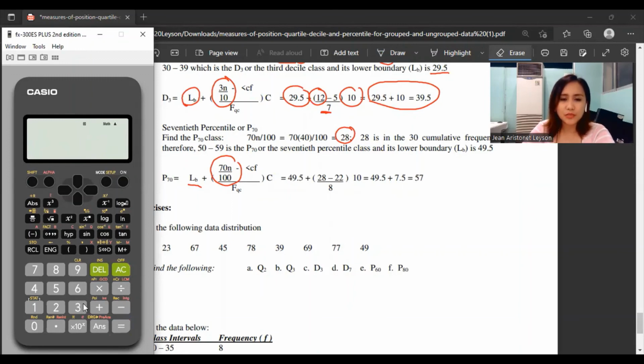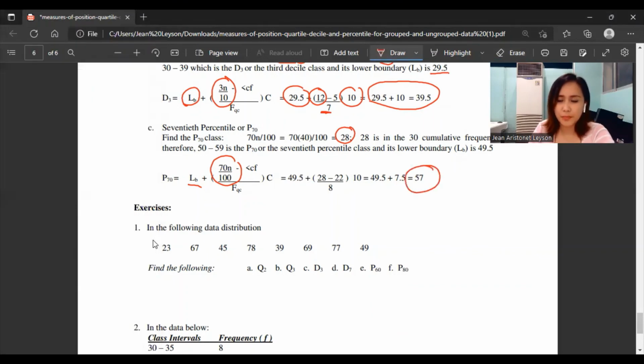Wait. Maybe we have to do this one by one. 28 minus 22 divided by 8 times 10, then plus 49.5. So that is, yeah, that is 57.